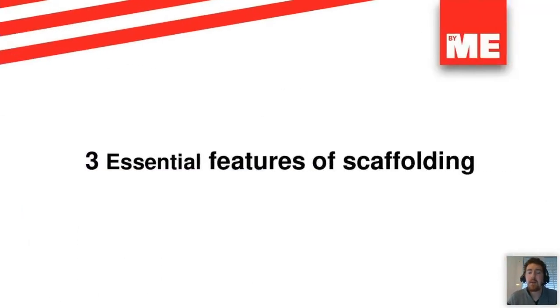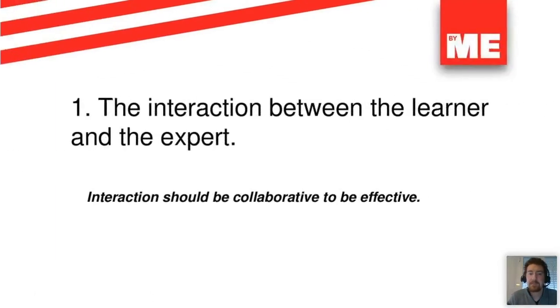Okay. The 3 essential features of scaffolding. So the first of the essential features is the interaction. And the interaction between the learner and the expert should be collaborative to be effective. So when I say collaborative, it means to acknowledge the student's interests and engage them in tasks and modify tasks which they like.